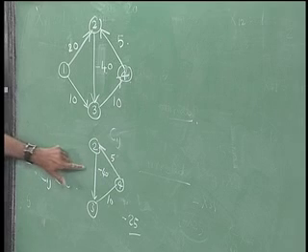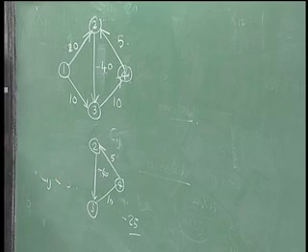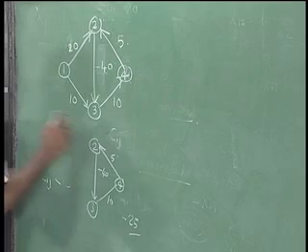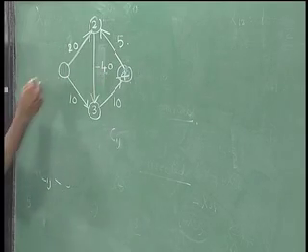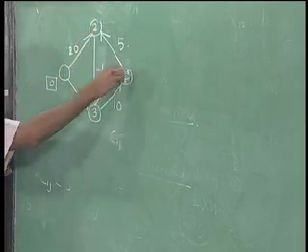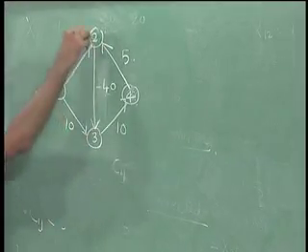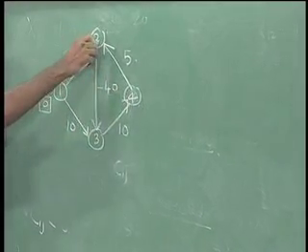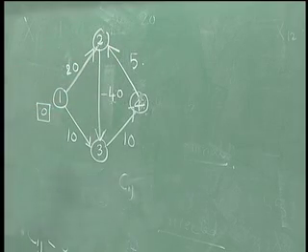So, this is a negative length cycle. So, when we have a negative length cycle and we are interested in finding the shortest path from 1 to 4, one will always say that I can start with 0, I come back to 20, I complete one cycle, I get 20 minus 25, which is minus 5, I complete another cycle, I get minus 30, I get minus 55, and it goes on and on and on.